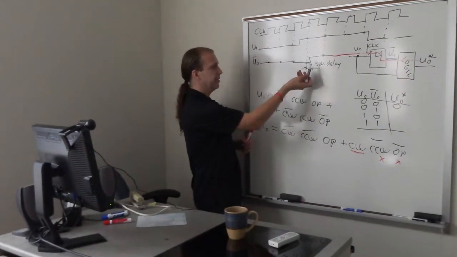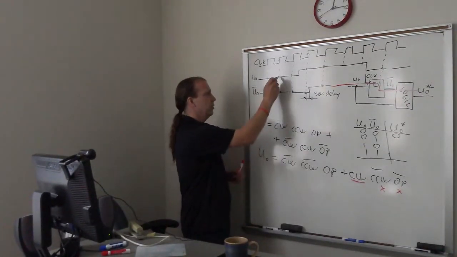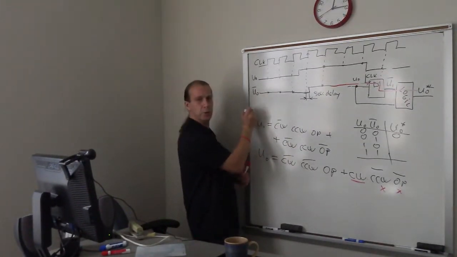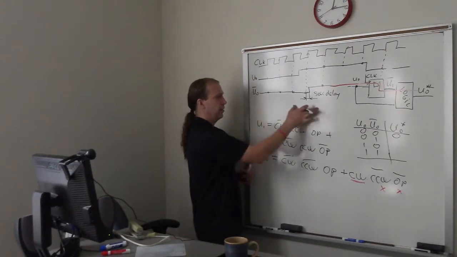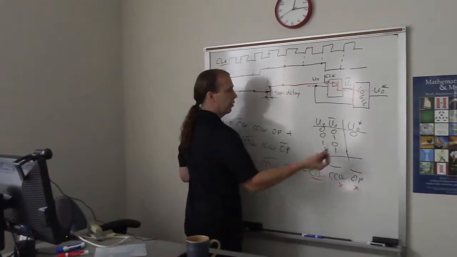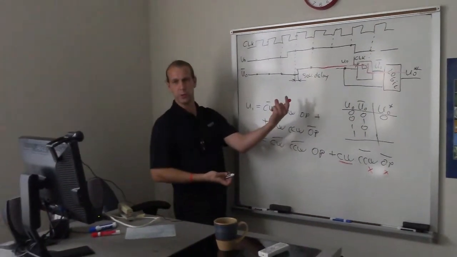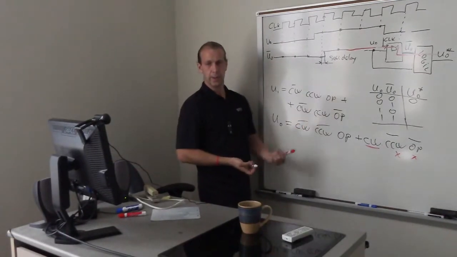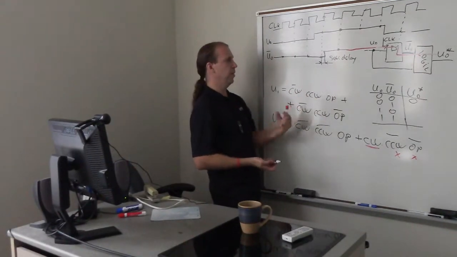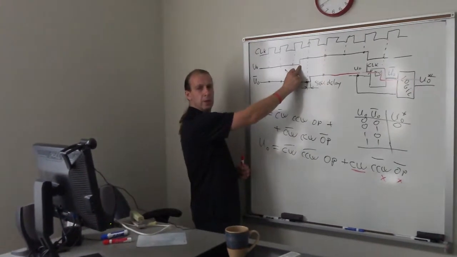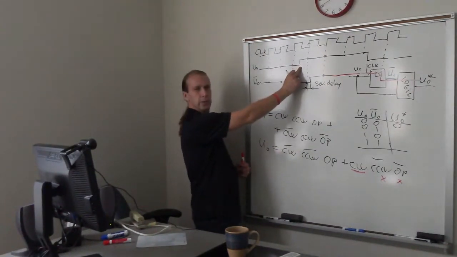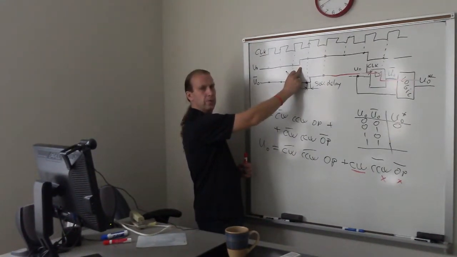Now, let us see what we have. 0, 0, and let us try to draw the diagram for U0 star. When do we want that short pulse to be generated? We want that short pulse to be generated as close to the beginning as possible. That's first of all.